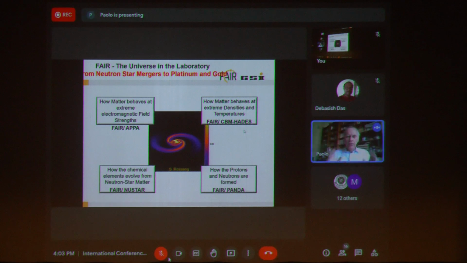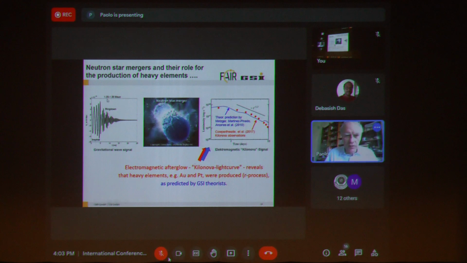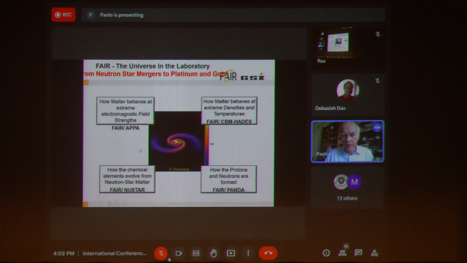So there, to understand what's going on in the process, these are observations of what comes to Earth from these. But you want to know what's going on inside, how matter behaves in extreme electromagnetic fields. That's done in the atomic physics experiments.